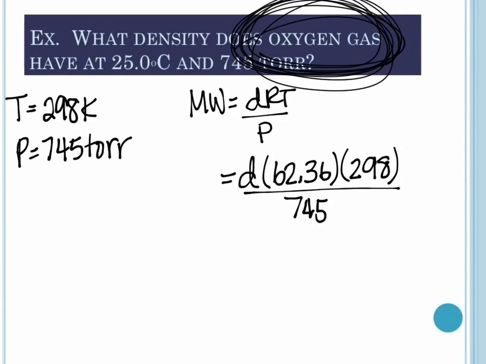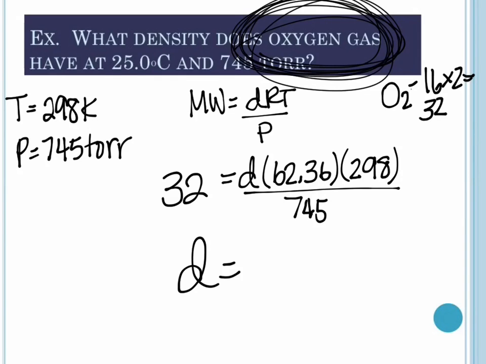Oxygen gas is diatomic, so O2 is going to be 16 times 2 is 32. So what's the density of my gas?